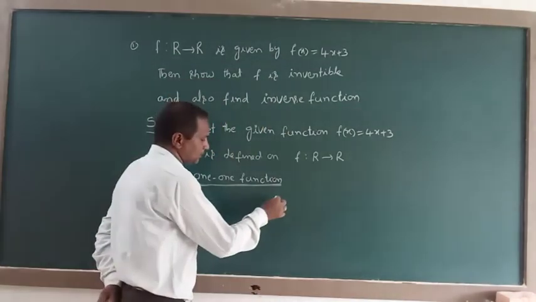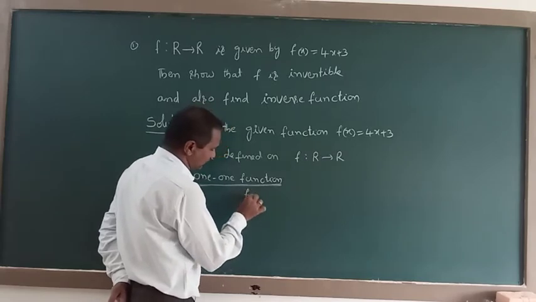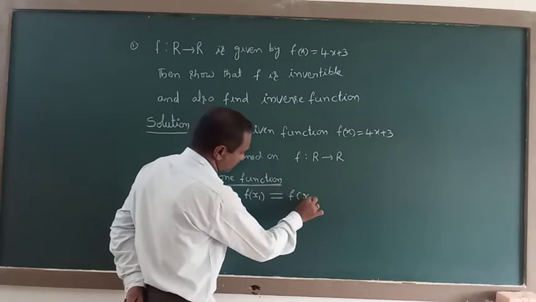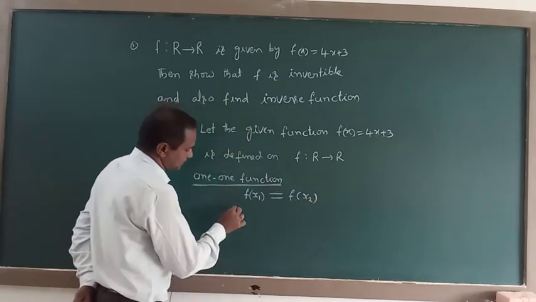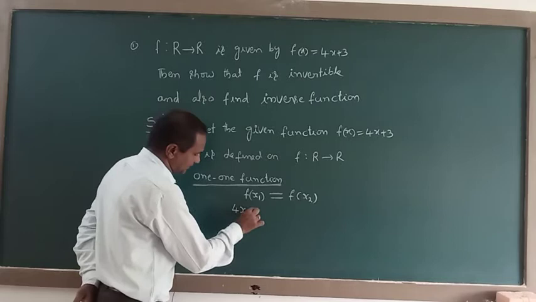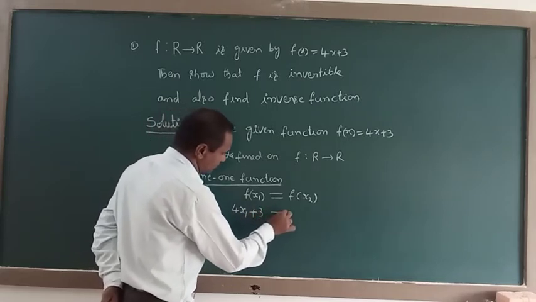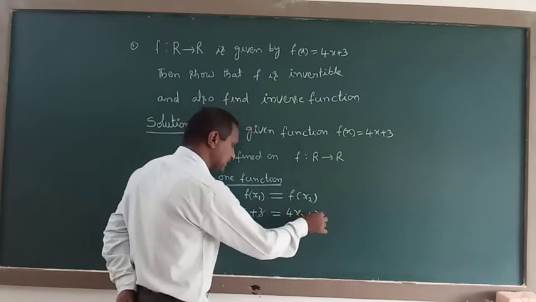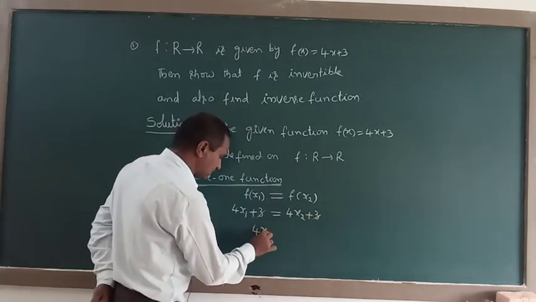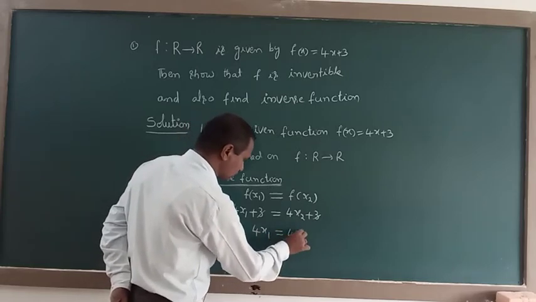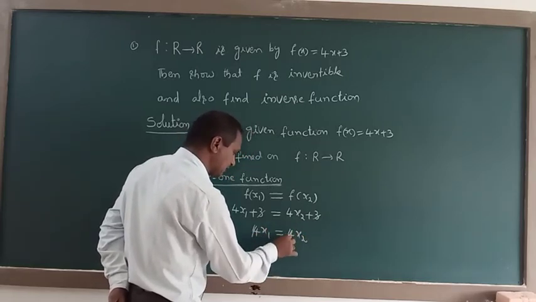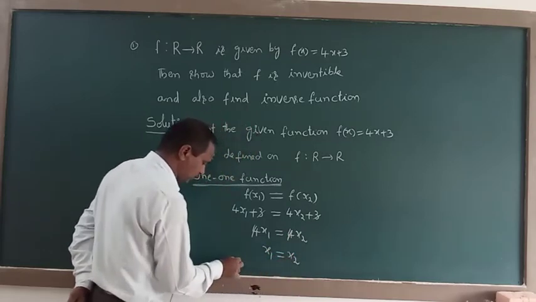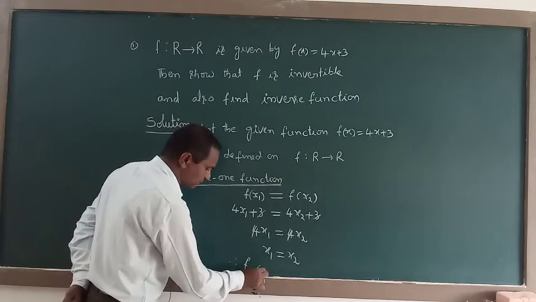That is, f of x1 is 4x1 plus 3, equal to 4x2 plus 3. The 3 gets cancelled. 4x1 is equal to 4x2. Now the 4 gets cancelled, that is x1 is equal to x2. Therefore f is a one-one function.